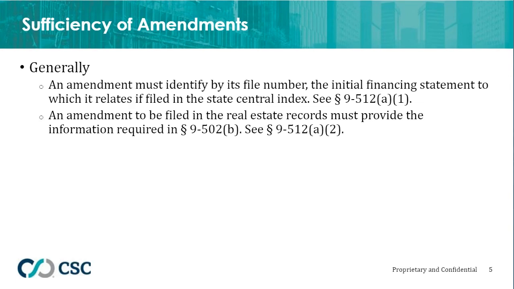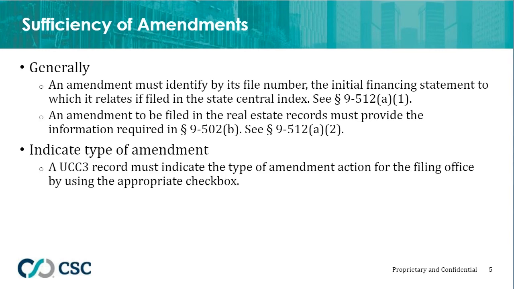So these are all things that are required to index the record in the appropriate index. In addition to that, the record has to indicate what type of amendment it is, because the filing office has to know how to index it appropriately. So this is done by using the appropriate checkbox on the form.